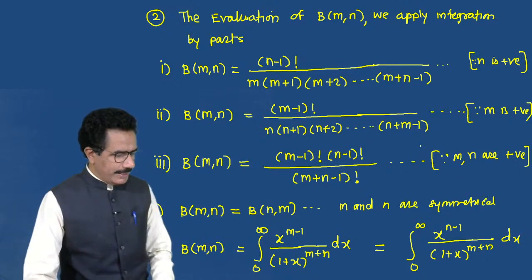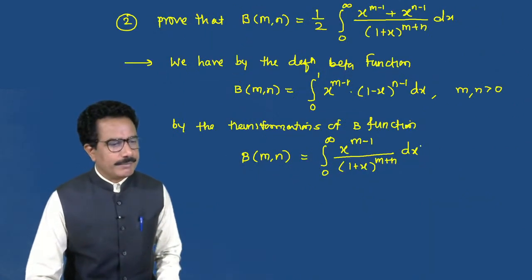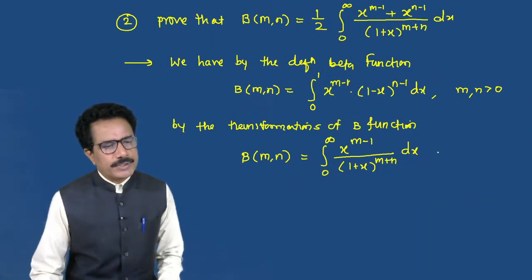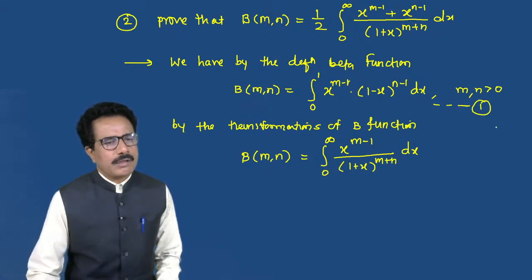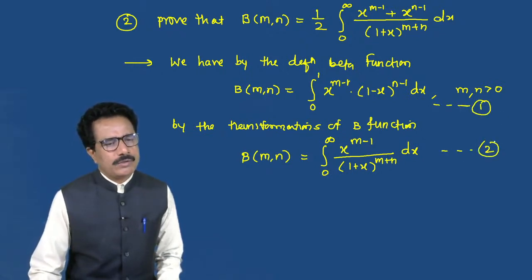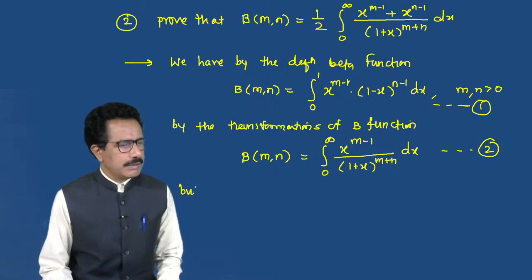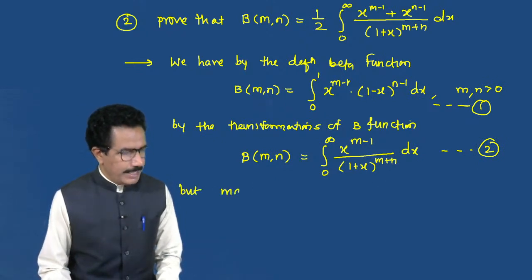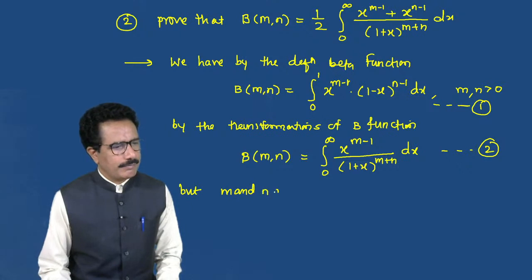Suppose this is equation number 1 and this is equation number 2, but m and n are interchangeable.